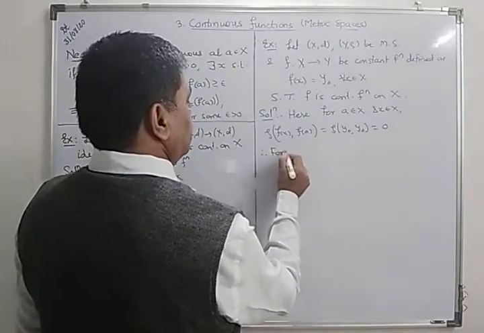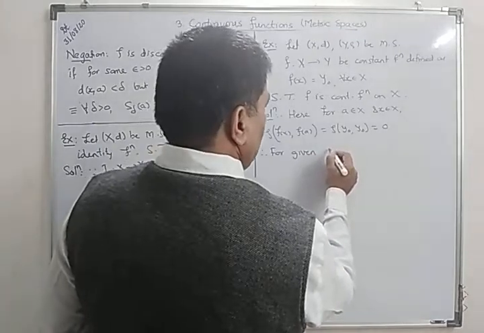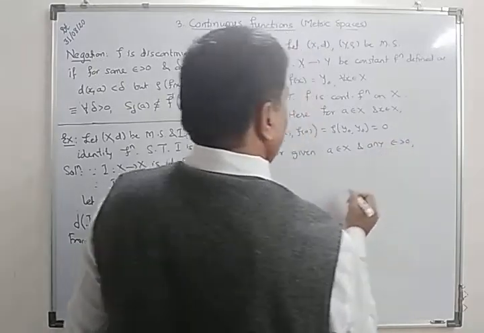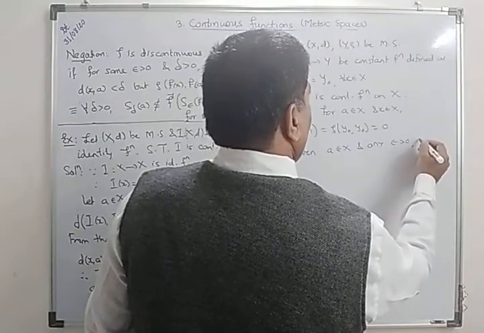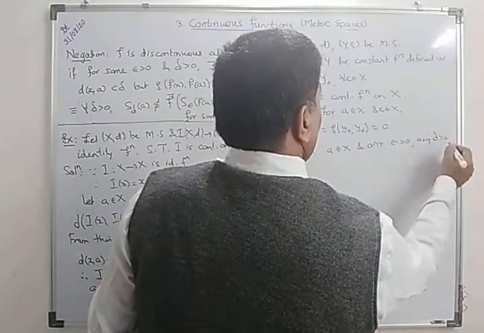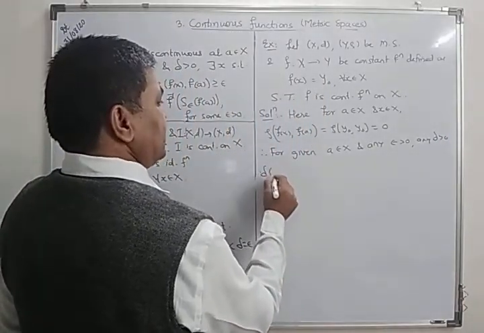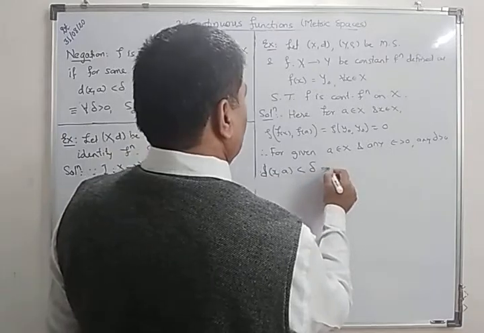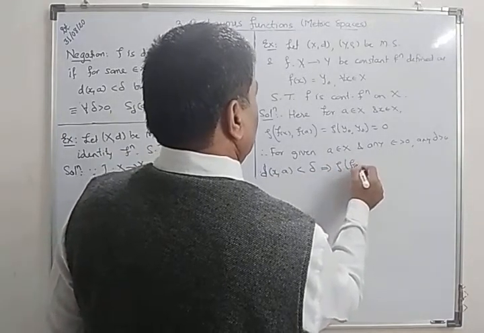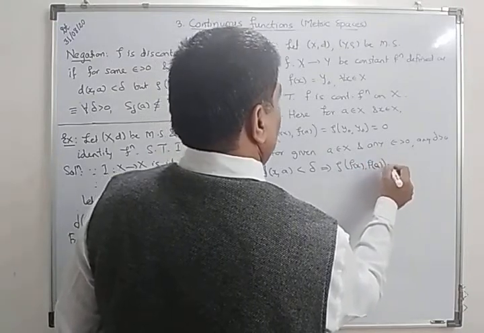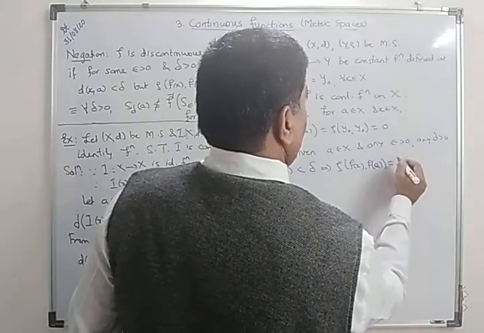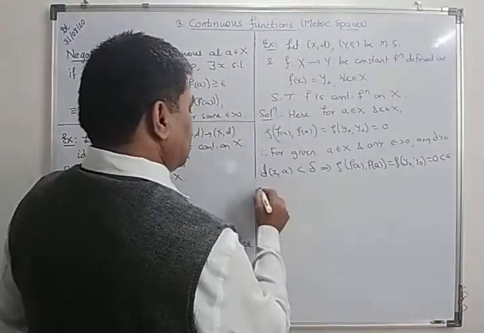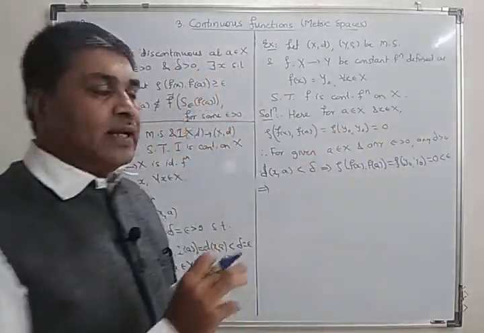Therefore, for given a belongs to X and any epsilon greater than 0, any delta greater than 0, if d of x, a is less than delta, this implies rho of f x, f a is equal to 0, less than epsilon, so that this delta doesn't depend on epsilon and a.